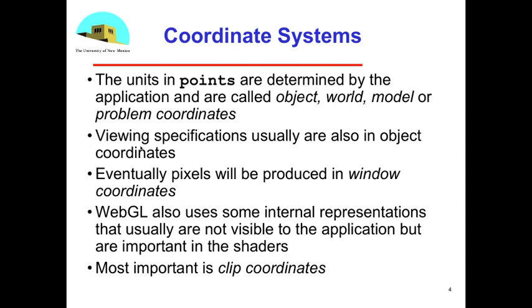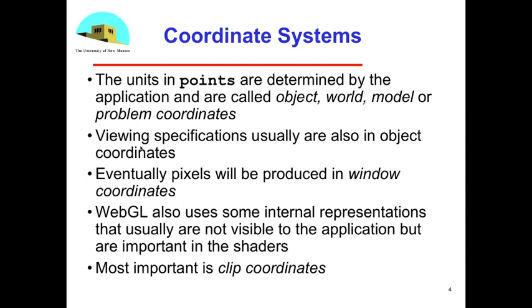We'll also be talking about some internal representations. The one that's most important to us is clip coordinates. The reason that's important is that the vertex shader is required to output in clip coordinates. Very simply, and we'll see another picture of this in a couple of minutes, everything that's within a cube whose sides are length 2 and whose origin is at the center, so the principal diagonal goes from -1, -1, -1 to 1, 1, 1, everything in that cube in clip coordinates can be visible.